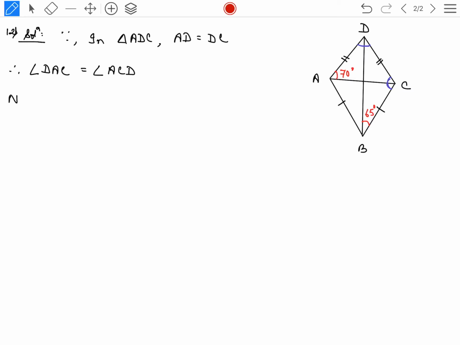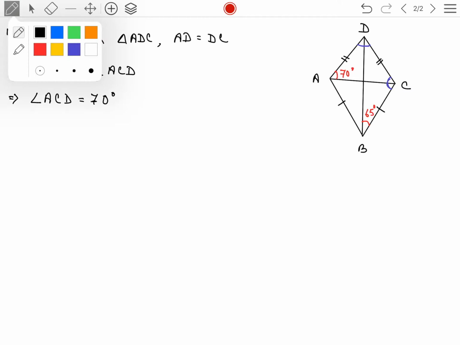Understood? Now before that, one value is already given to us. Yes or no? DAC value is already given to us, so you can write therefore angle ACD will be equal to how much? 70 degree.